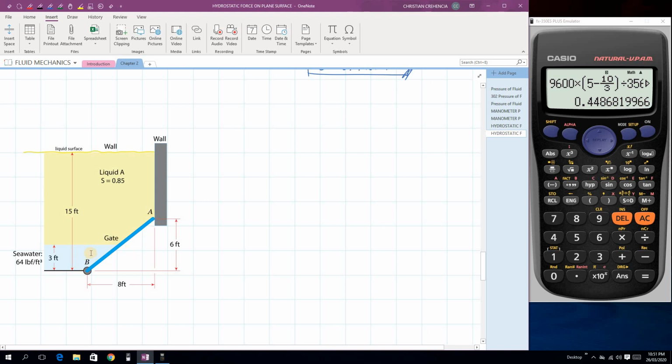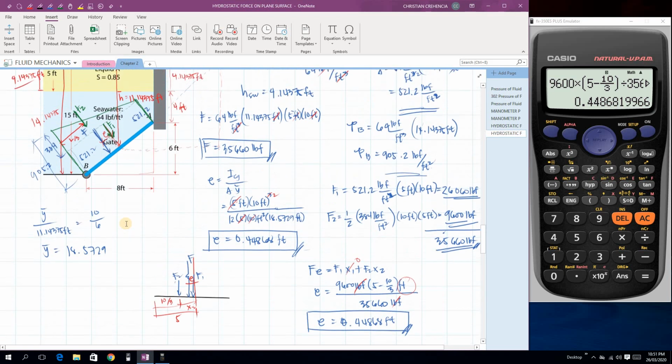So dito, pwede pa rin naman na i-apply natin yung mga formulas natin, pero parang mas madali kung gagawin natin dalawang separate na area na to. Okay, so iba yung solution dito sa part ng nakalubog sa seawater, iba yung solution do sa nakalubog dun sa oil. Pero balik muna tayo dito.